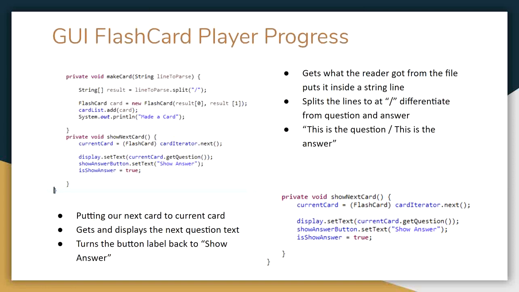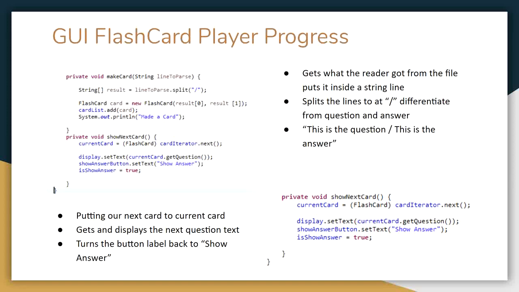Here's some more code from the player. In the top code, it splits the string line at the slash. We set the left part, which is the question, to index 0, and the right part, which is the answer, to index 1. So this allows the program to differentiate which is the question and which is the answer.